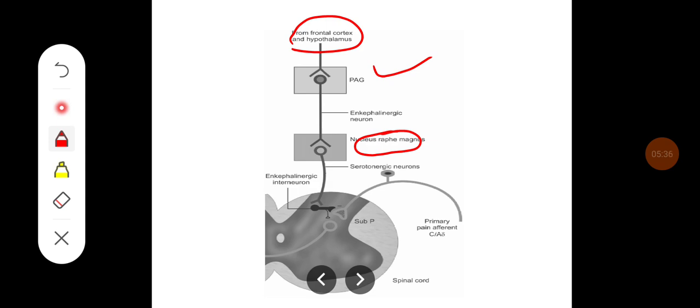From nucleus raphe magnus, serotonergic fibers relay in the spinal cord on the interneurons, and the interneurons presynaptically inhibit the primary afferent pain pathways by decreasing the secretion of substance P there. So that's how they lead to presynaptic inhibition.